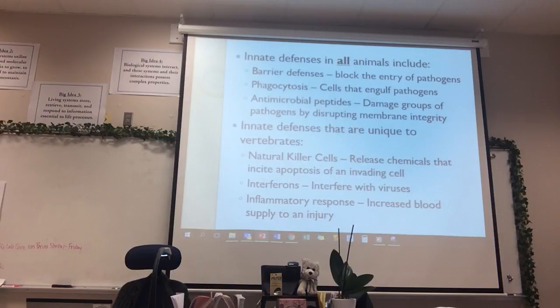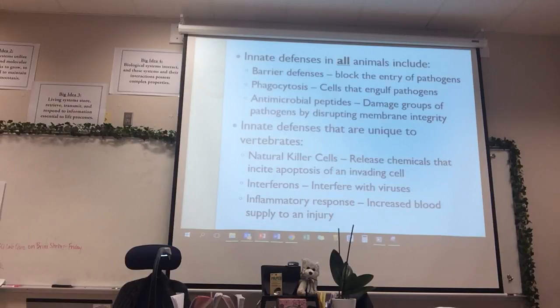Yeah. Does it make sense to kill the one infected cell to prevent the viruses from infecting millions of other cells? Yes. And natural killer cells do that. They will kill self cells that are not healthy, either due to viral infection or due to cancer.